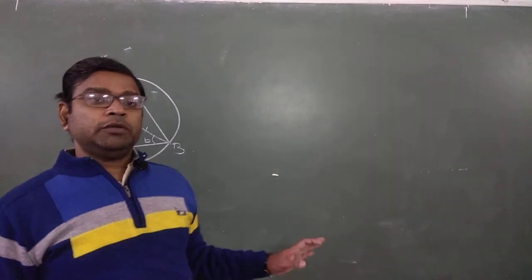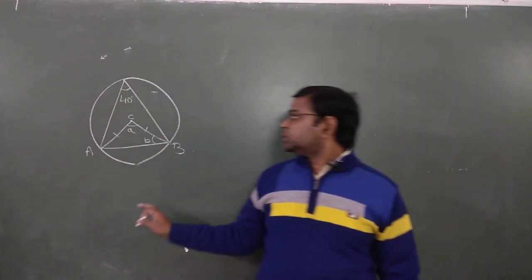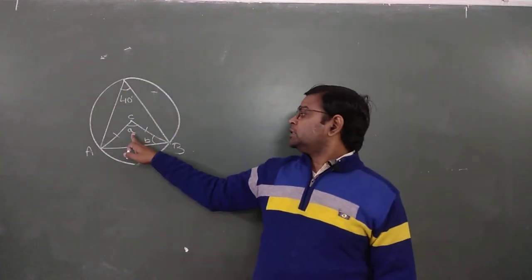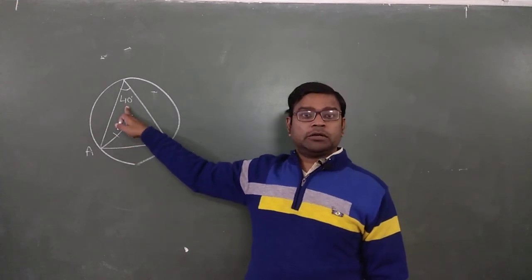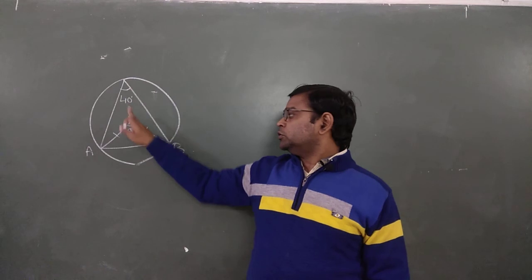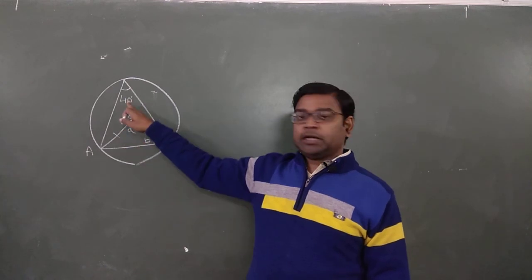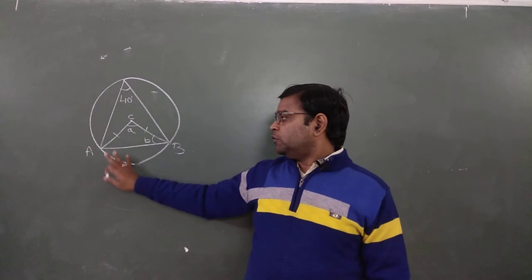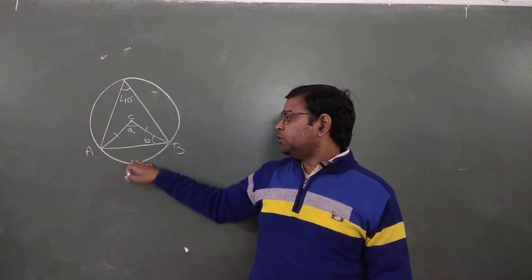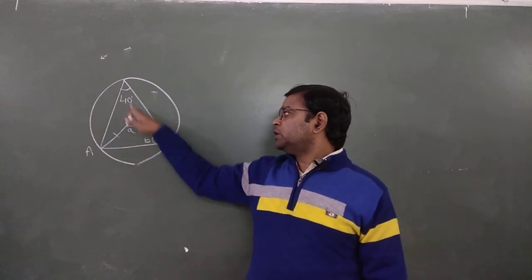Clear? Now see here, this is the angle at the center of the circle and this is the angle at the circumference. So this angle must be double the angle at the circumference. Why? Because they stand on the same arc AB.